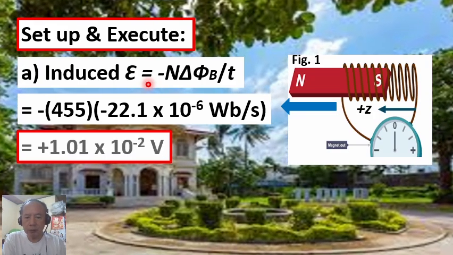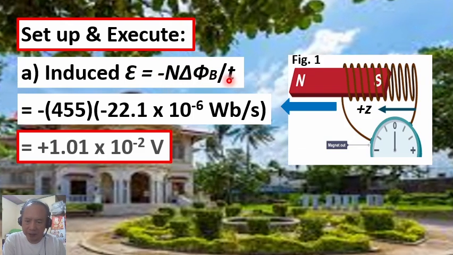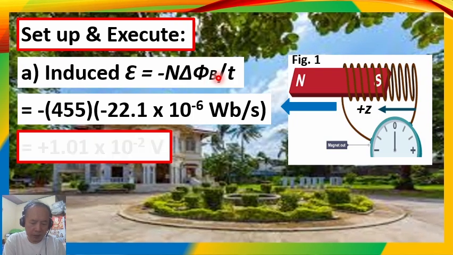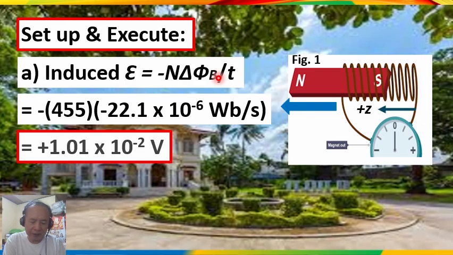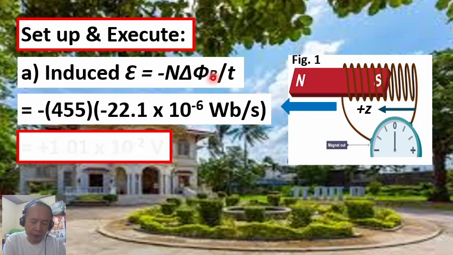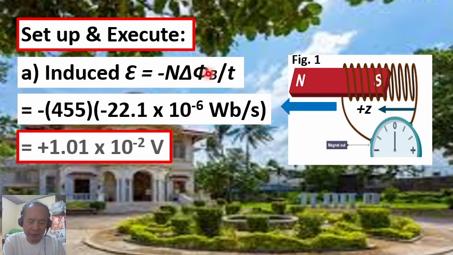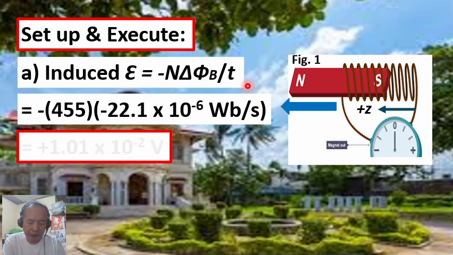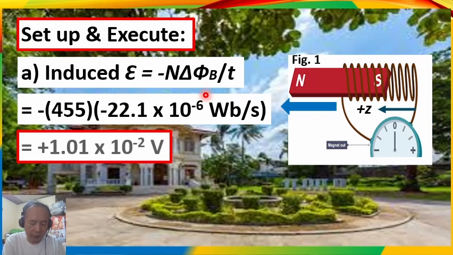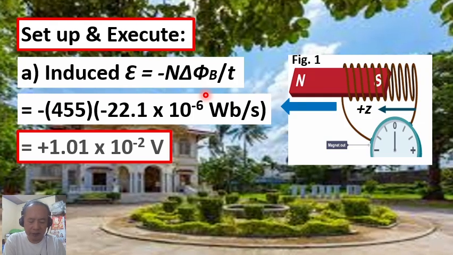So going back to this formula, there is a negative sign emphasized in the equation. This emphasizes what Lenz's law says: any induction effect tends to oppose the change that causes it.